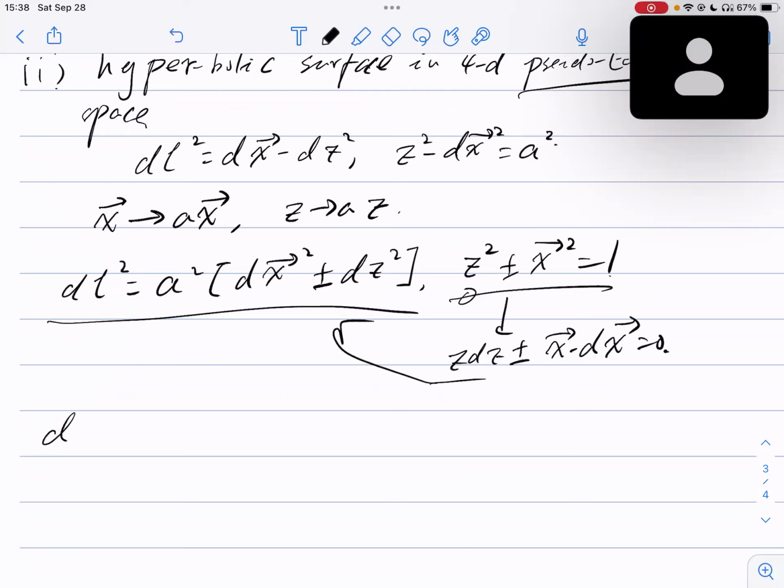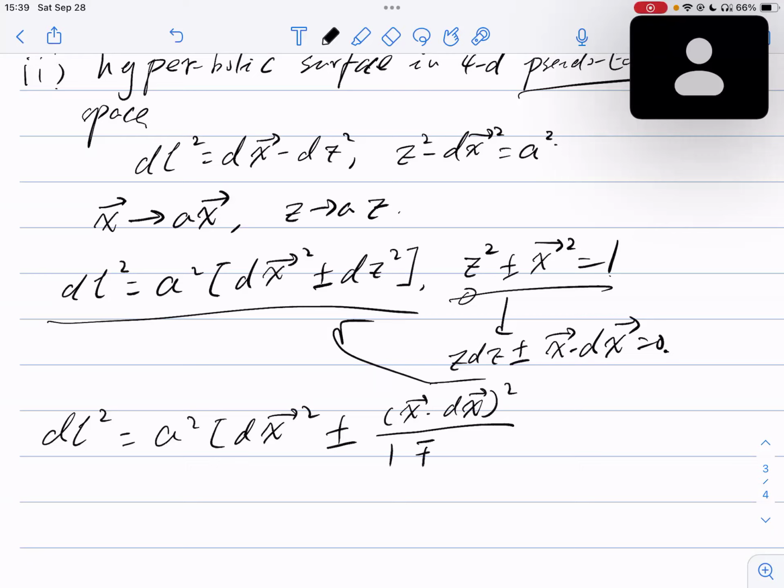We'll find that dl squared equals a squared times dx squared plus or minus (x dot dx) squared over 1 minus x squared.